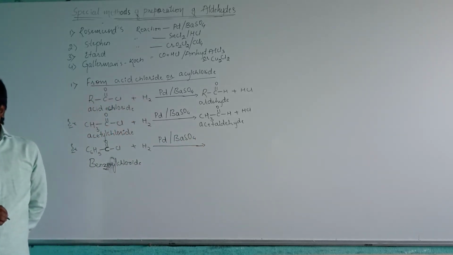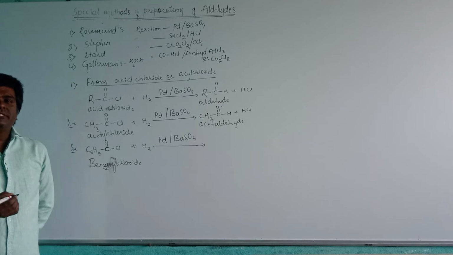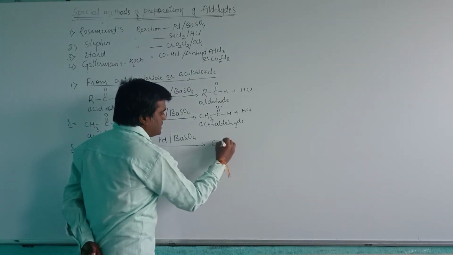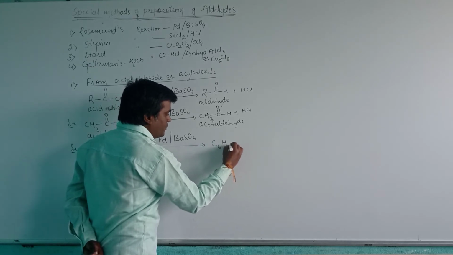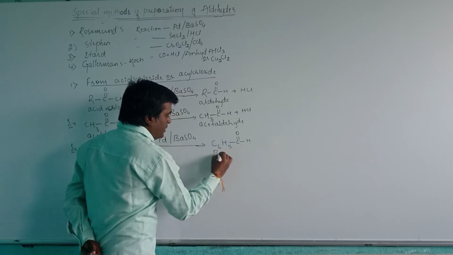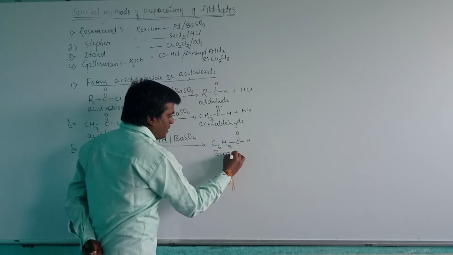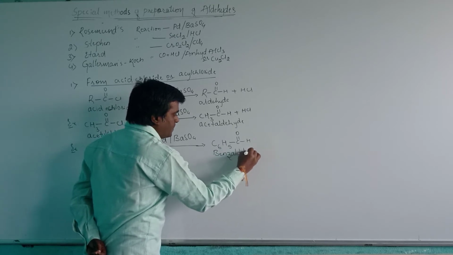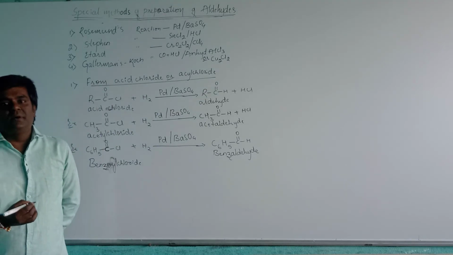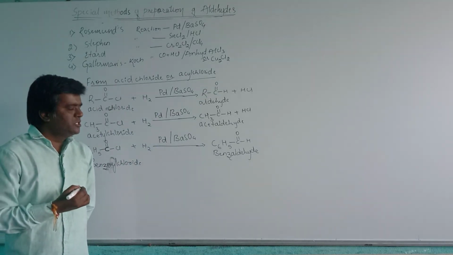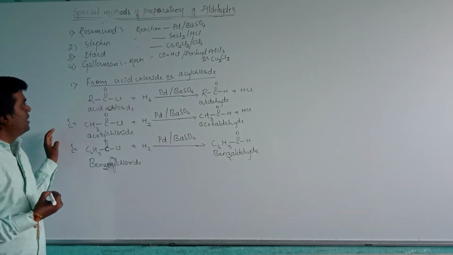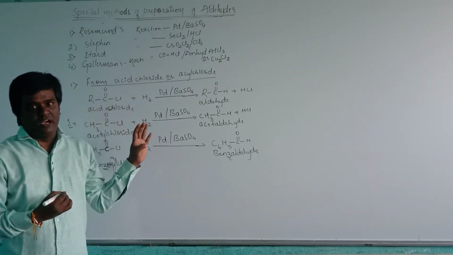Then it gives the aromatic aldehyde, that is benzaldehyde, C6H5 C double bond O H. Benzaldehyde is also known as benzene carbaldehyde. This is about the Rosenmund reduction reaction.